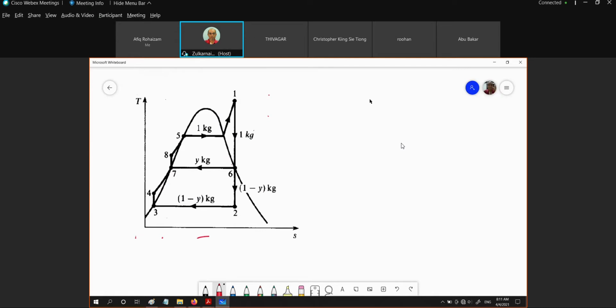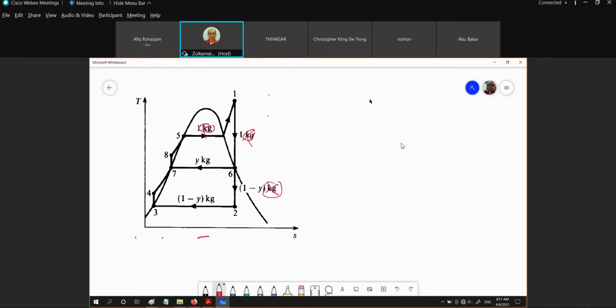So it's taking care of every one fraction or one portion of the steam flowing. I would rather omit this kg. I don't like to use this kg because it is somewhat misleading for us.